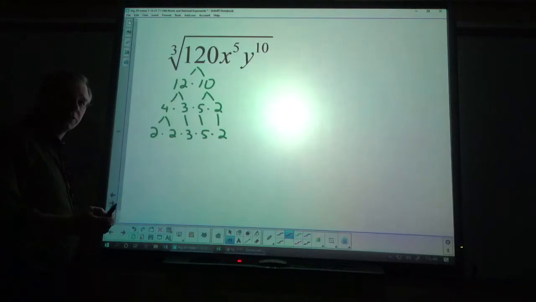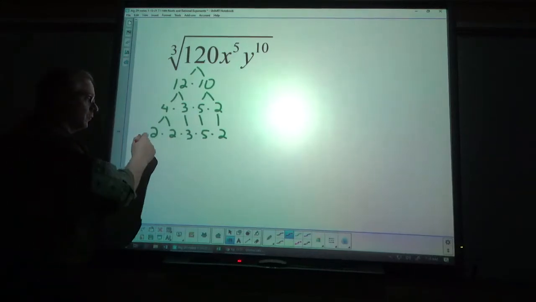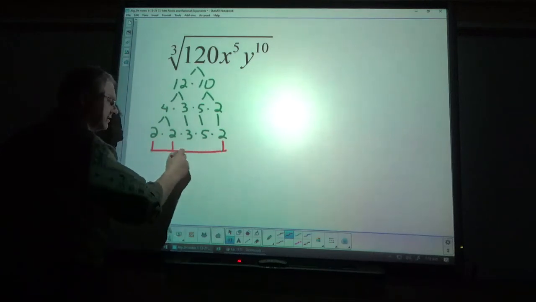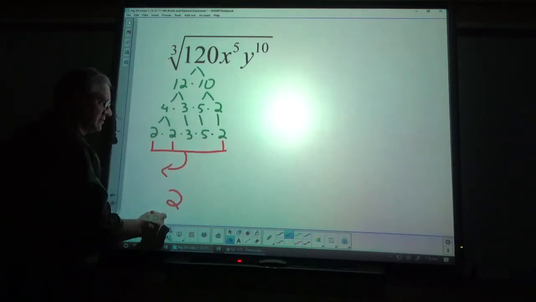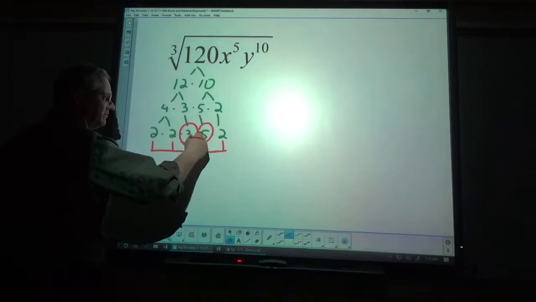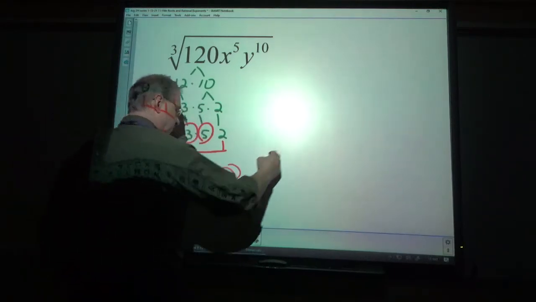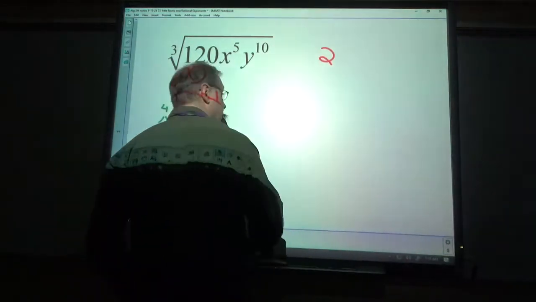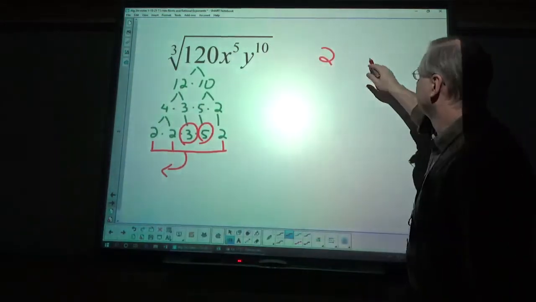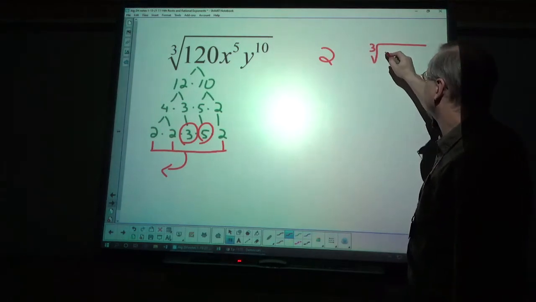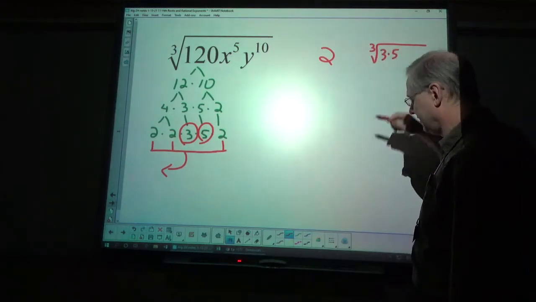As we said before, you need 3 to pull one out. 1, 2, oh, one way over here, 3. Those are connected together. A 2 comes out. The 3 and the 5 are left over inside. So let's put that over here. I'm going to leave some room for the variables, and then I'll write my cube root with a 3 times 5.